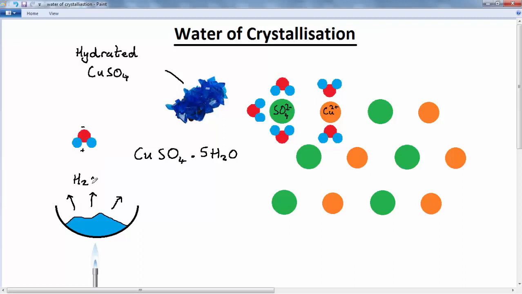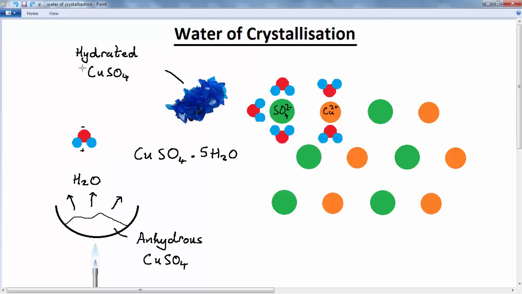It's driven out of the crystalline lattice, and as a result the copper sulfate will change colour. It'll change into a white crystalline substance, which is known as anhydrous. That means without water. Hydrated means with water. Anhydrous copper sulfate.